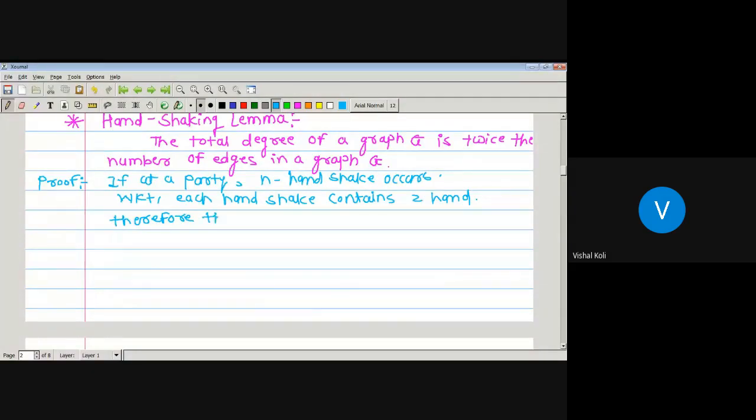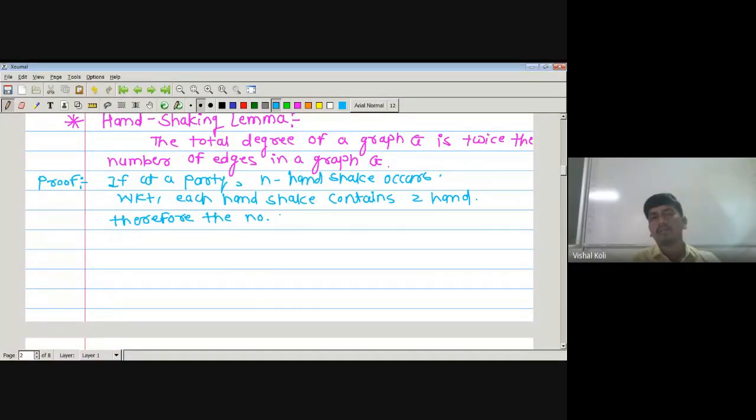The number of hands involved in n handshakes is 2n, since at a party n handshakes occur and each handshake involves two hands.